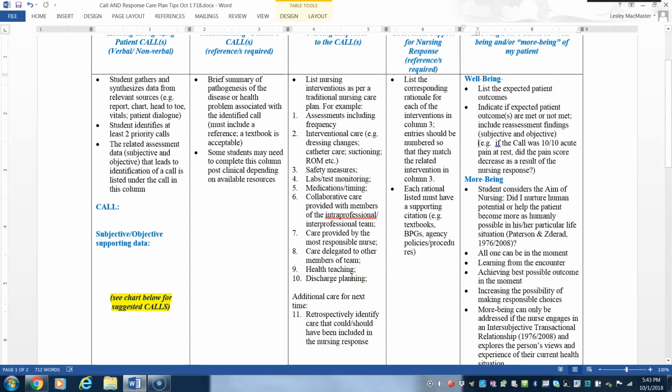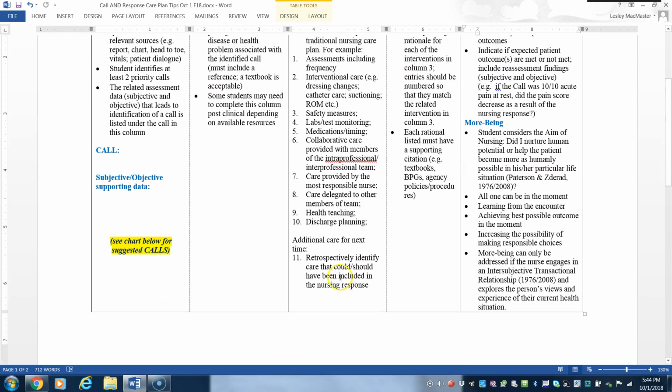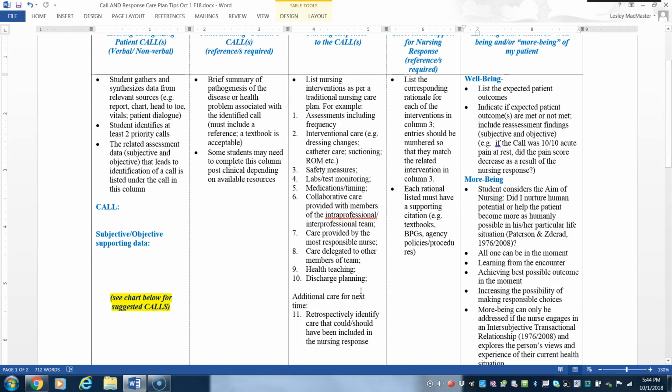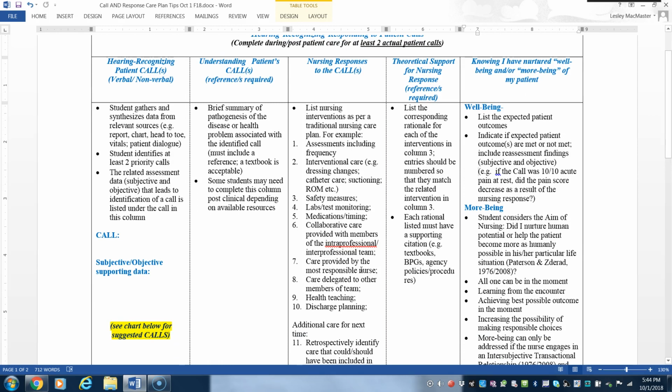Subsequent to the day of care, students may in fact identify retrospectively care that could have been or should have been included. Maybe they forgot to weigh somebody, maybe they forgot to research or monitor a specific lab value, for example. Maybe they forgot to do a specific kind of exercise with their patients. They could include that here retrospectively to complete that iterative reflective process and to complete their plan of care.